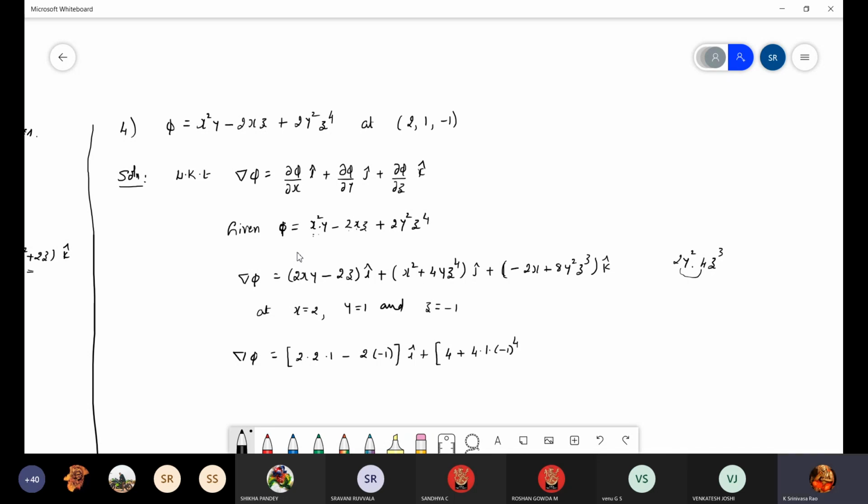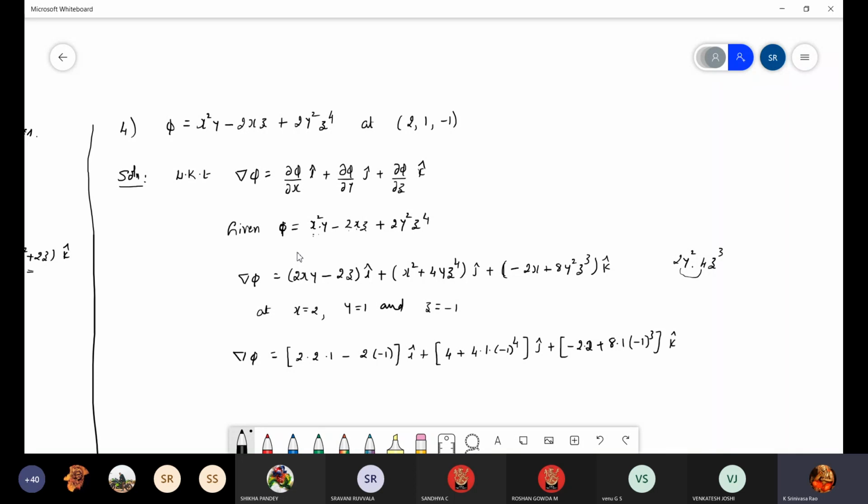So it is plus only, plus 1 only, j cap, plus -2 times x is 2, plus 8 times y square is 1 square is 1, into z is -1 cube into k cap.